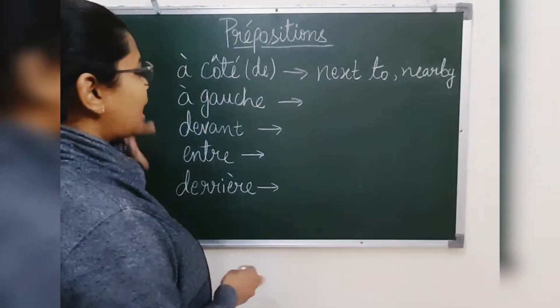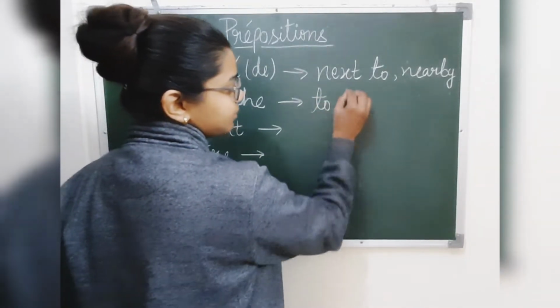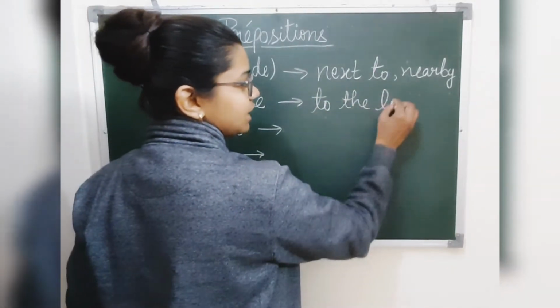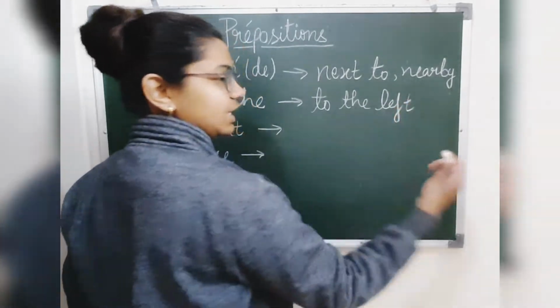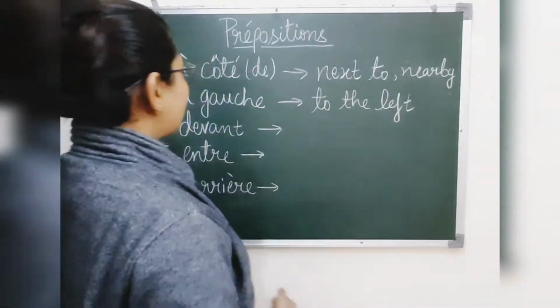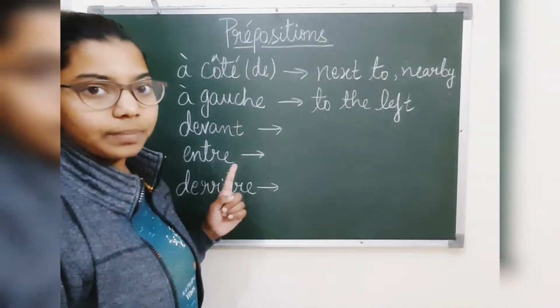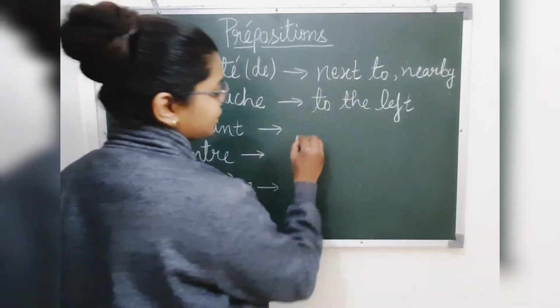Now number 2, à gauche, which means to the left. Number 3, devant. Devant means in front of.